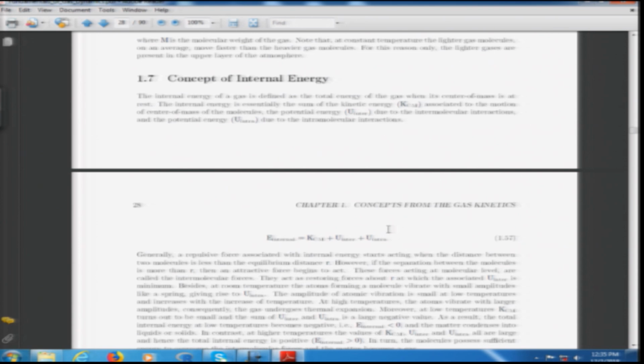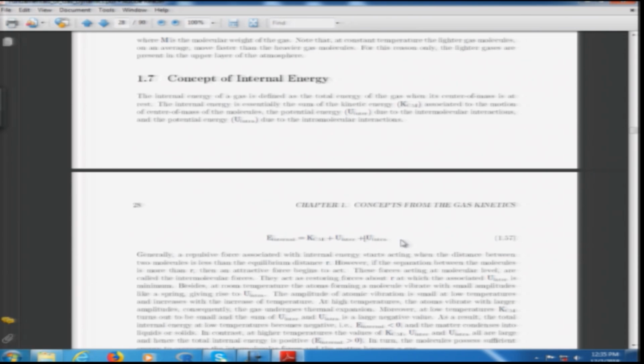But please note that when the temperature is lower, let's say room temperature, the intramolecular internal energy does not play much of a role. However, at very high temperature, you must not ignore it.